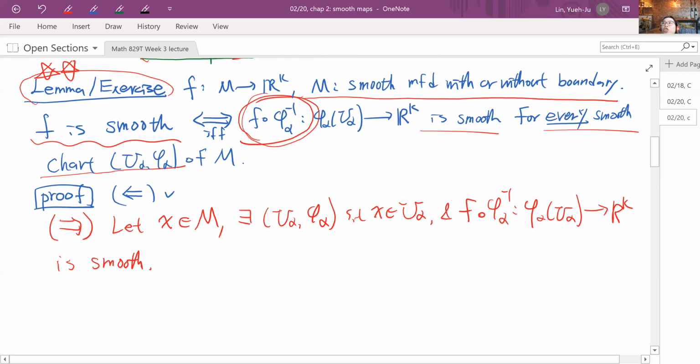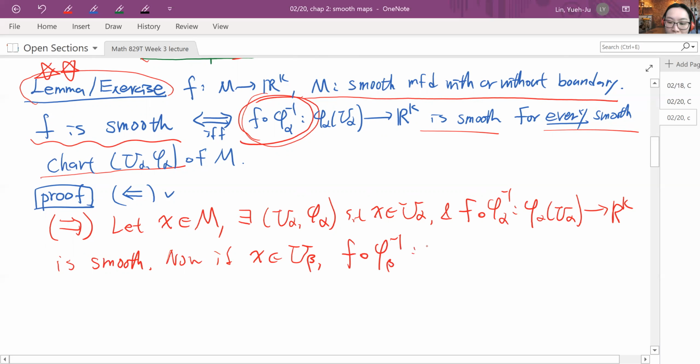Now, the only thing I want to check is what if this X lies in another chart, where the map F composed the inverse of the other chart will also be smooth. So if X is in another chart, let's check what this map looks like.